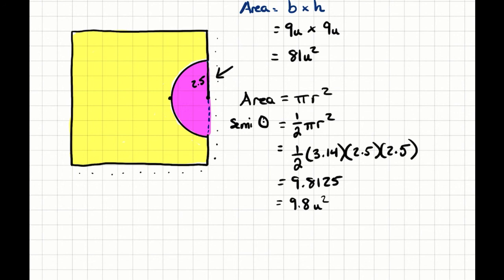So you might be thinking, hey, we're done. Well, not quite. What we need to do is take the area of what would have been the square and subtract the semicircle. The area of this square would have been 81, and we are going to subtract 9.8.